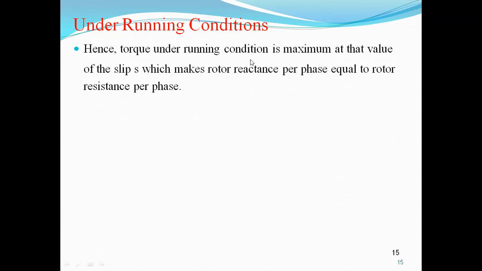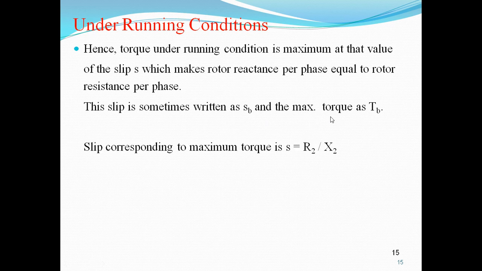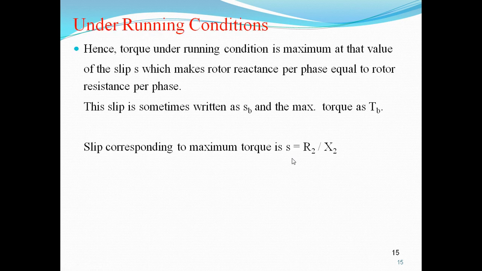Hence, torque under running condition is maximum at that value of slip S which makes rotor reactance per phase equal to rotor resistance per phase. This slip is sometimes written as Sm and the maximum torque is Tm. So the slip corresponding to maximum torque is S equal to R2 by X2.